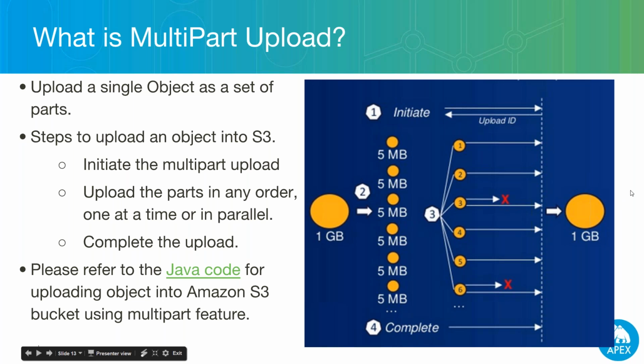The steps to upload an object into S3: the first step is to initiate the multi-part upload. By initiating the multi-part upload, S3 returns an upload ID, which is the unique ID for the complete process. Using that ID, you upload the parts in any order, one at a time or in parallel.